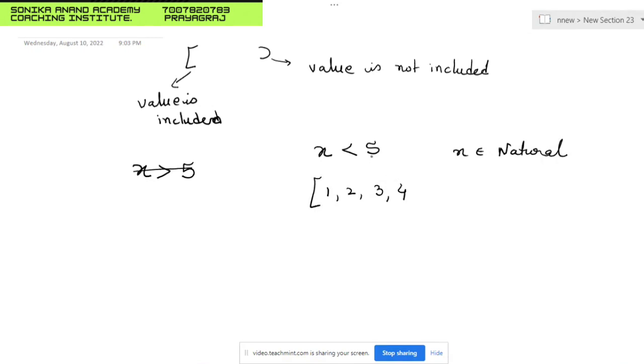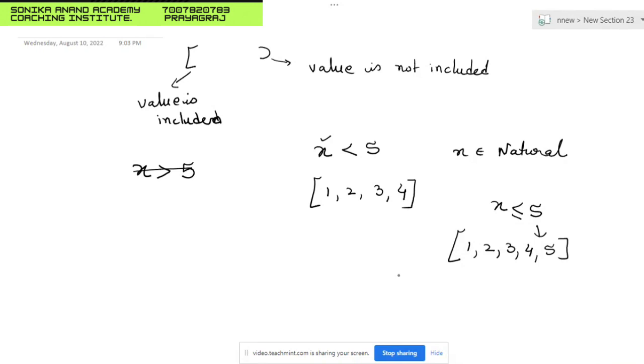The value of x must be less than 5, so we should not include the 5. Now if we have less than or equal to 5, then the answer is 1, 2, 3, 4 and 5, because 5 is included here.